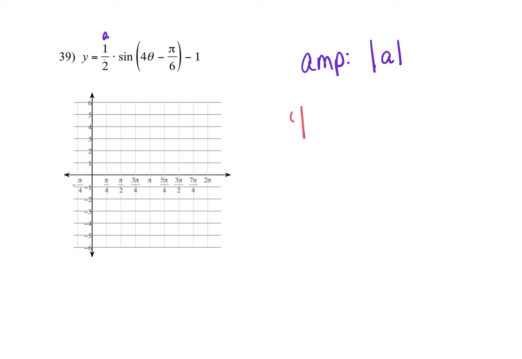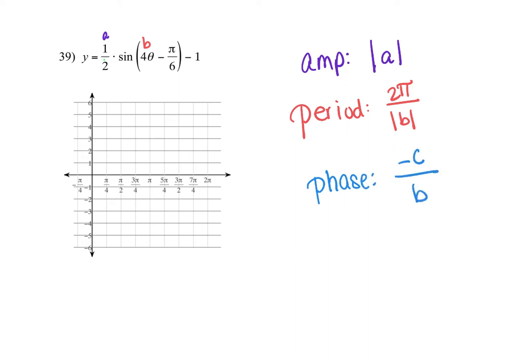Your period is 2 pi over B. This guy is B. All right. Your phase shift is negative C over B. This is C. And your vertical shift is just D. And that guy is D.